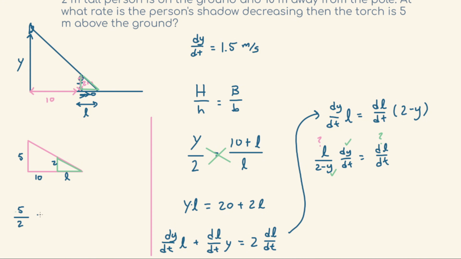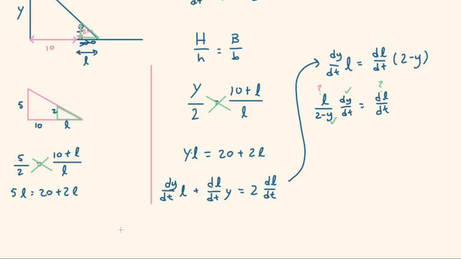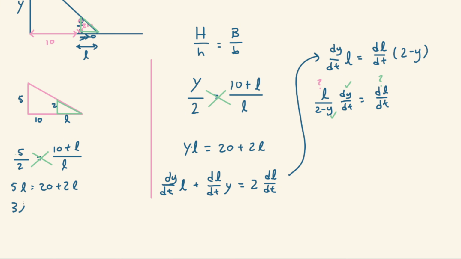The base of my big pink triangle is 10 plus L, and the base of my small triangle, this green one, is just L. And so now if we cross multiply, you're going to get that 5L is equal to 20 plus 2L. So if I scroll down a tiny bit, you're going to get that 3L is equal to 20, and so L is equal to 20 over 3.